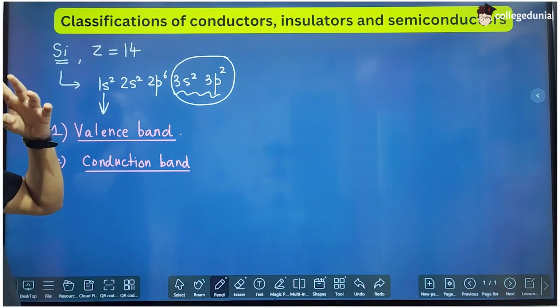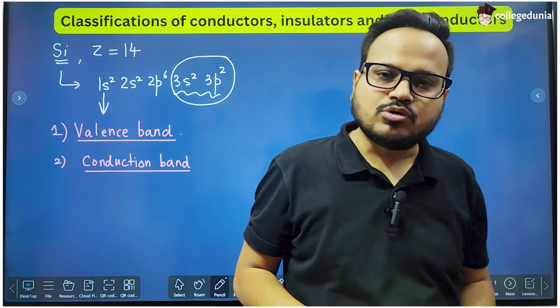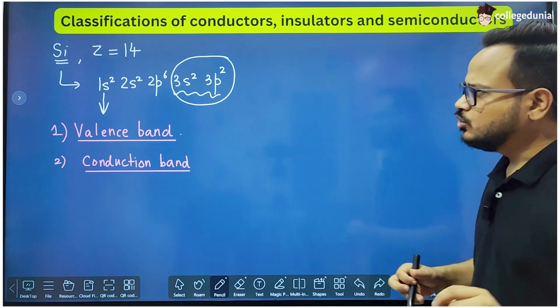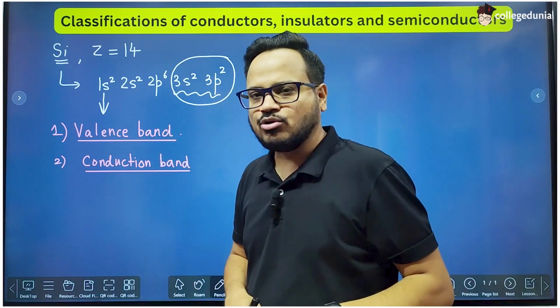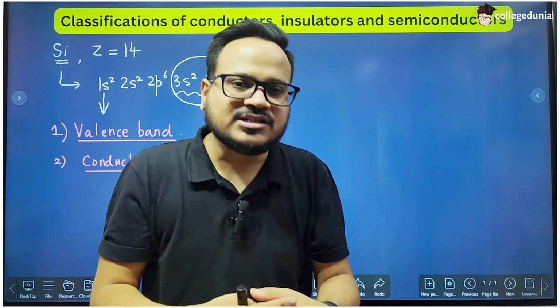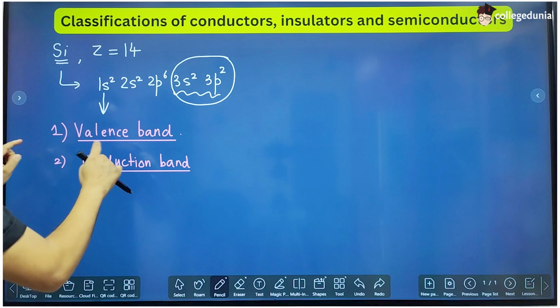In solid form, all the outermost shells of every atom get merged into each other. So the energies of all the electrons in the outermost shell get mixed up, and those energies come in a particular range, and that range is called the valence band.